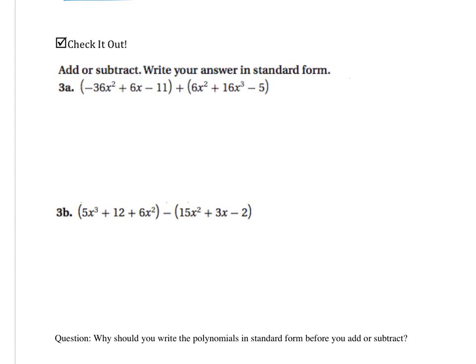So once again, pause the video and write in standard form. Then you can either line them up vertically the way I did with the addition, or you can keep them horizontally like I did with the subtraction, and then just combine like terms.